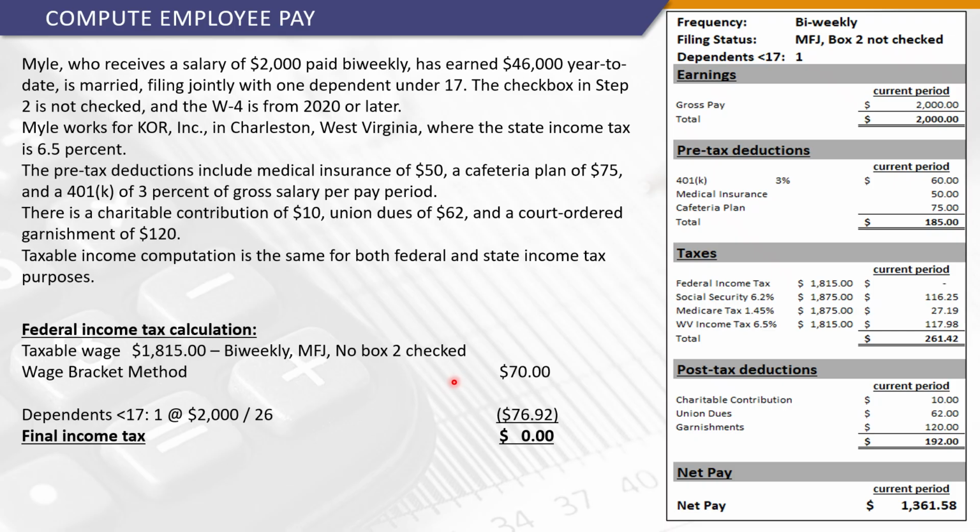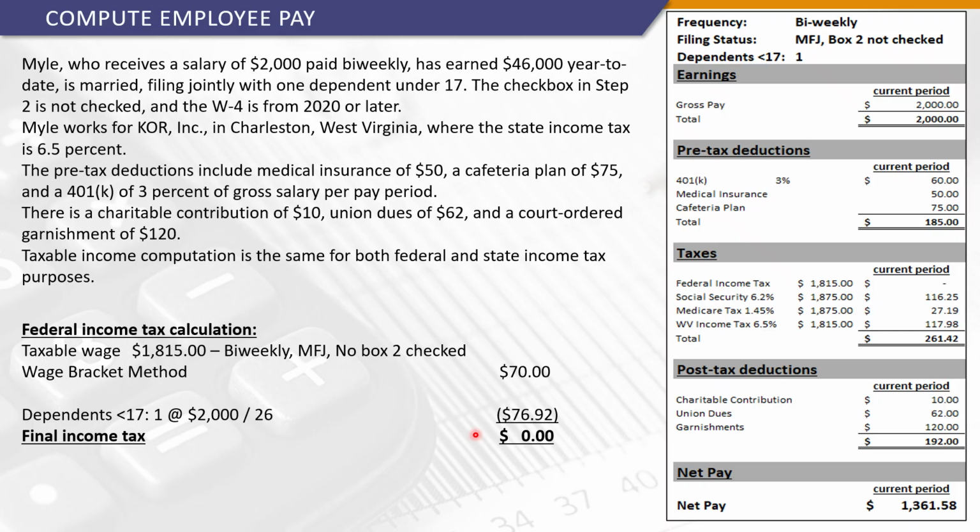Maya also has one dependent under 17 and receives $2,000 per year, or prorated $76.92 for biweekly payrolls, as a reduction to the tax from the table. The dependent deduction would reduce this tax to a negative amount, which is not allowed. It can only reduce it to 0.